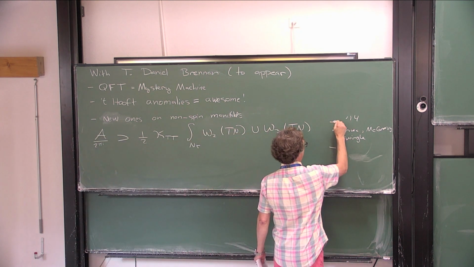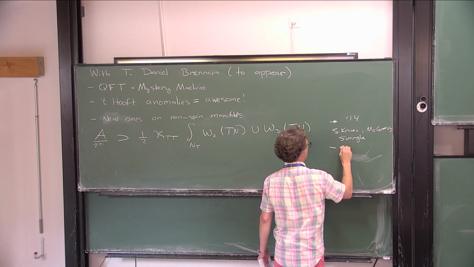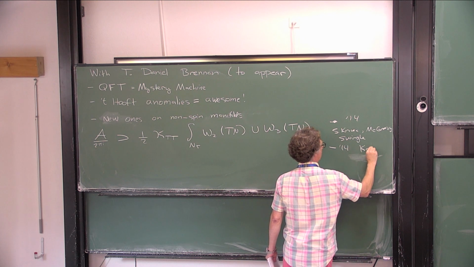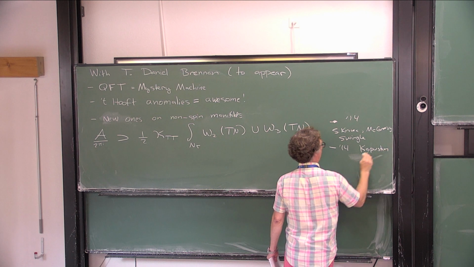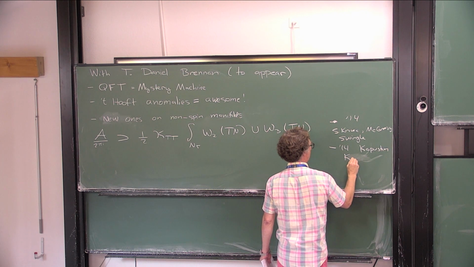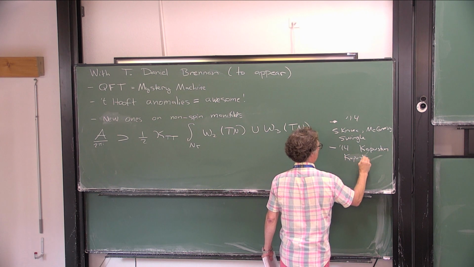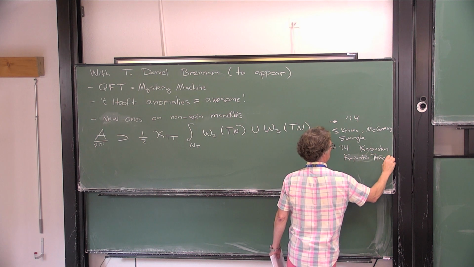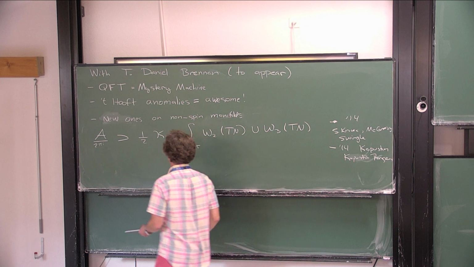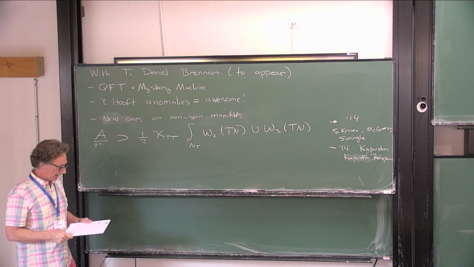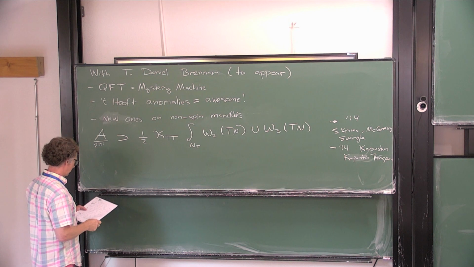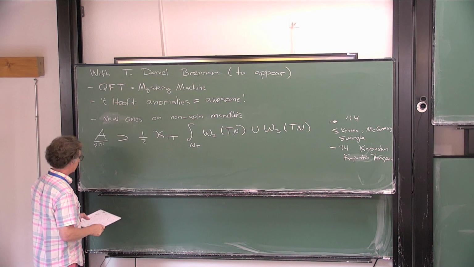Another reference around the same time were some papers by Kapustin and Thorngren, who wrote down this kind of anomaly term. That's one of the kinds of terms that I'll be interested in.